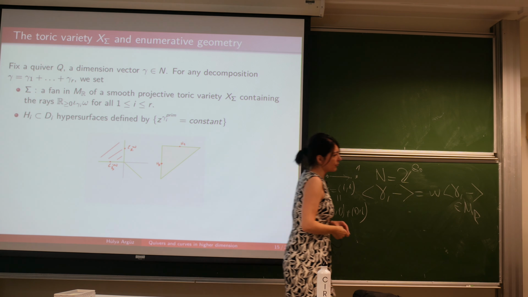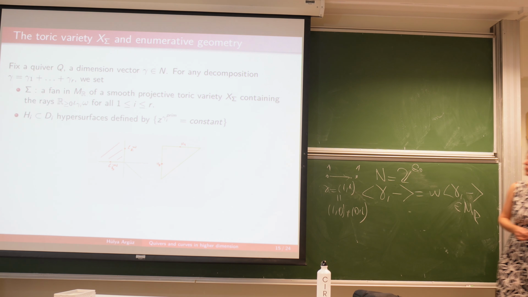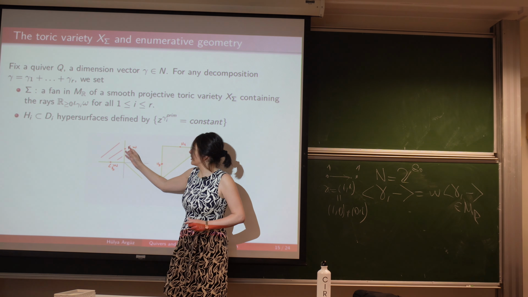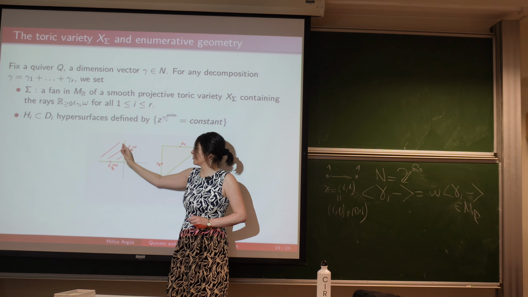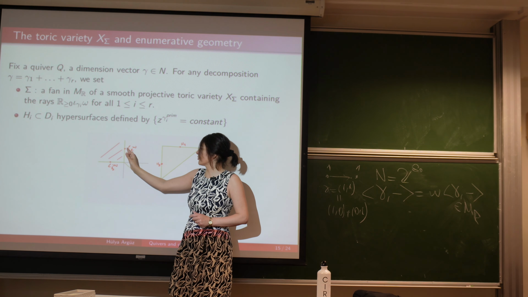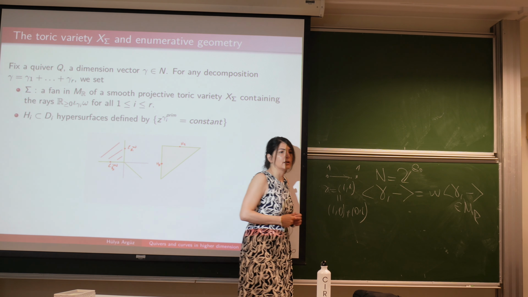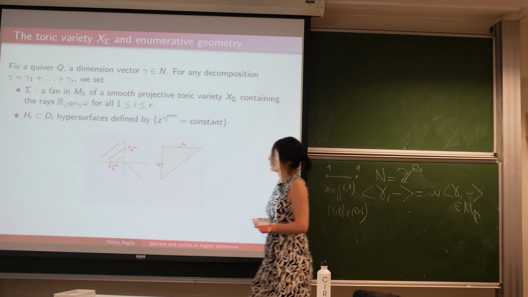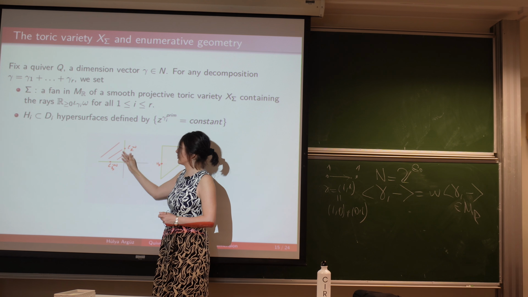We want to work with a projective toric variety to do some Gromov-Witten theory, log Gromov-Witten theory. If you just take these 2 rays, you will just get an affine plane. So we will complete it by adding rays to a projective one. It doesn't matter at the end of the day which rays you add to complete. If you add this ray, you will get P2 completing A2.